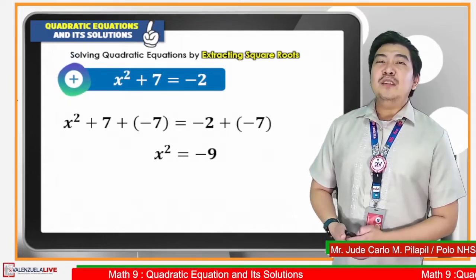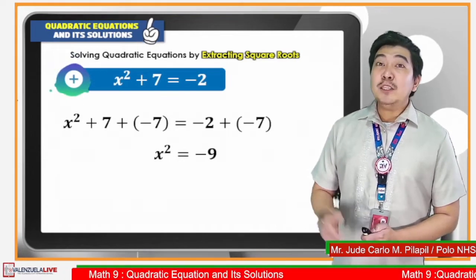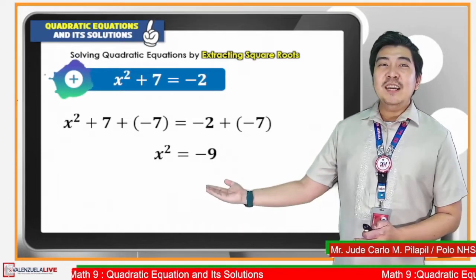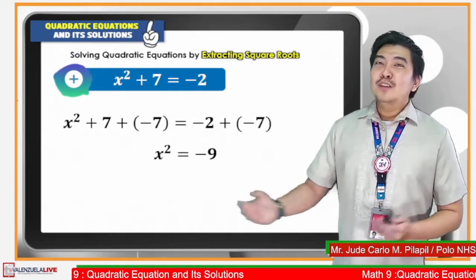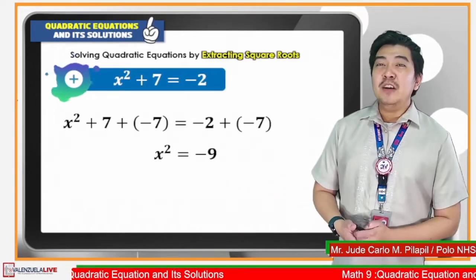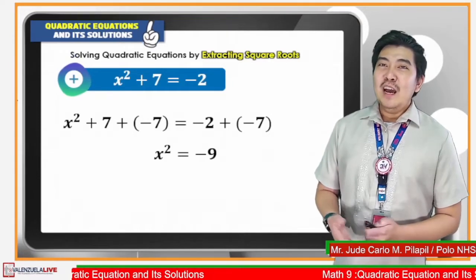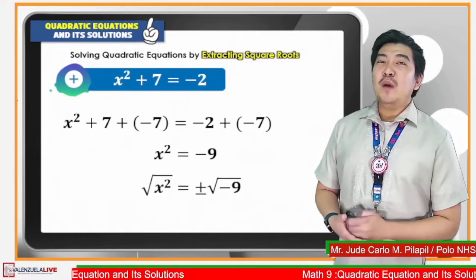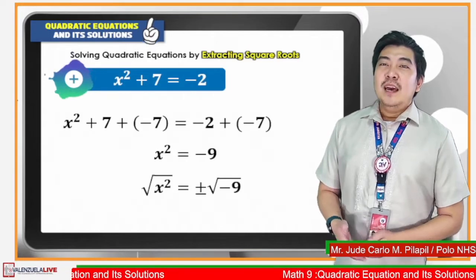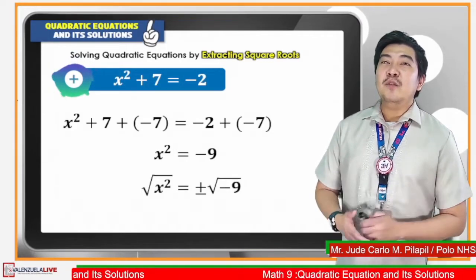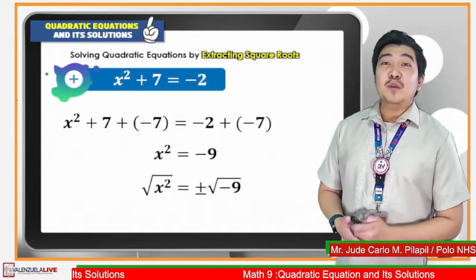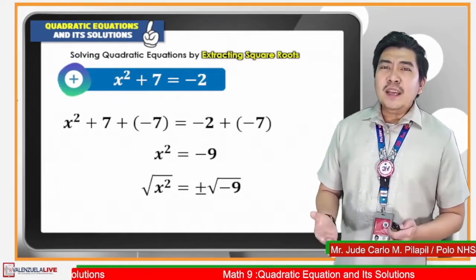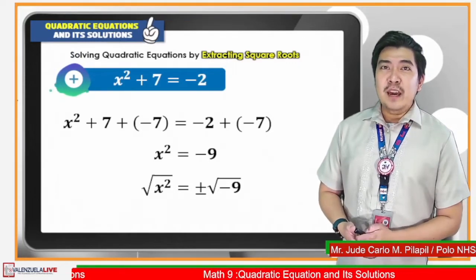Next, we need to see to it that the value of a must be 1. But in this case, it is already 1. So no need to divide it by a particular number. Then, we apply extracting square root or the square root property. Extracting the square roots of both sides of the equation, the square root of x squared is x. But what is the square root of negative 9?